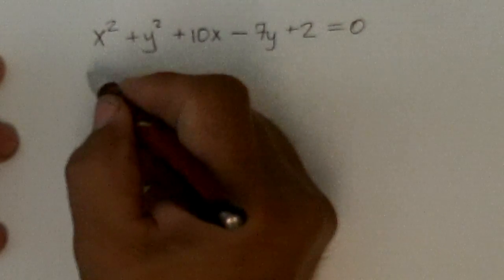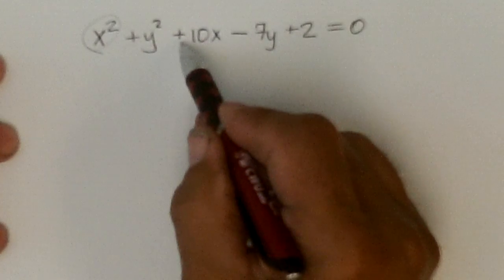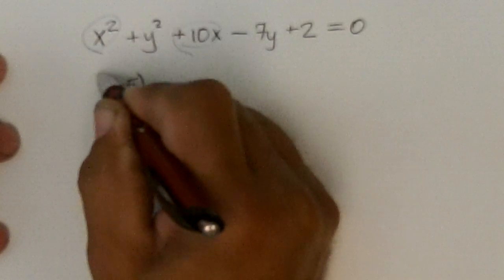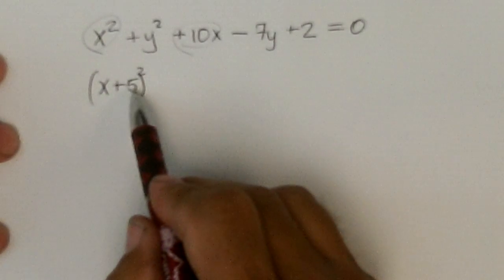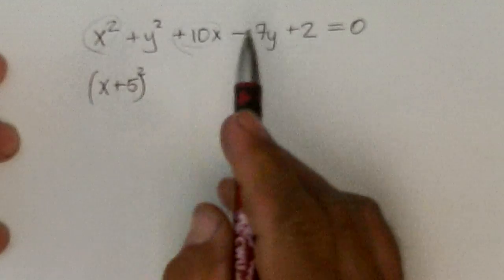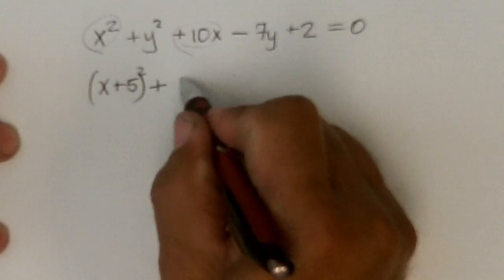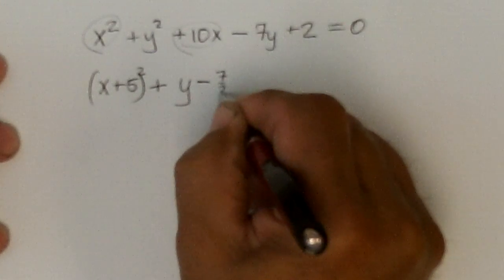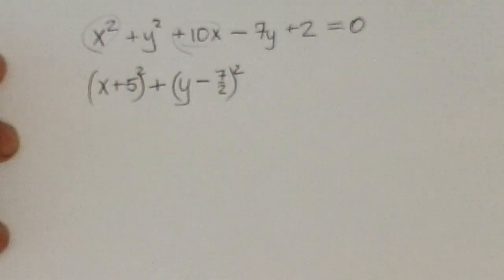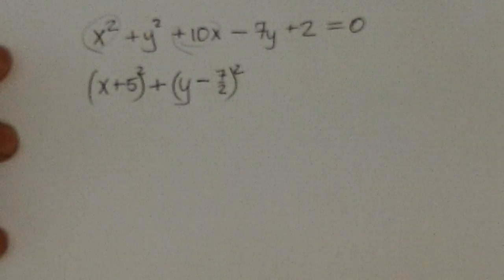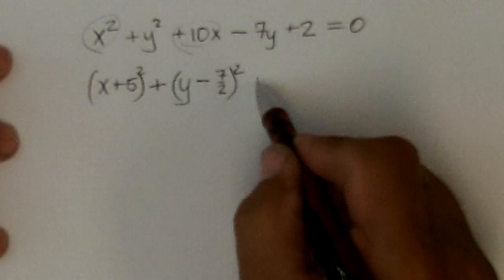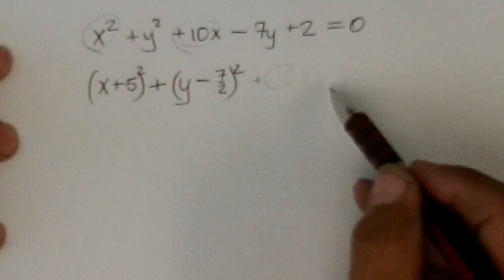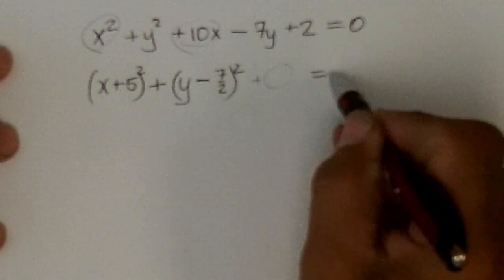So, if I have x squared and 10x, that means it's got to be x plus 5 squared, because half of 10 is 5. Plus, it's got to be y, and half of 7 is 7 halves. And then there's got to be some number that we add in here to come up with 2 equals 0.